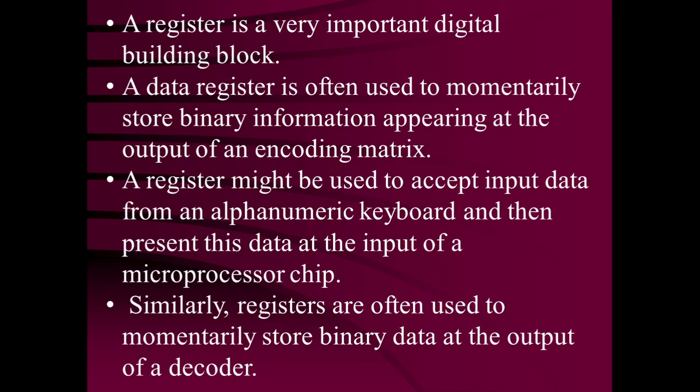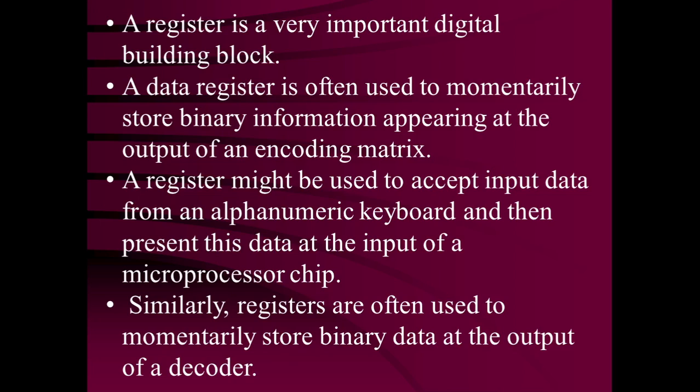Similarly, registers are often used to momentarily store the binary data at the output of a decoder. In a microprocessor chip or CPU or MPU, whatever you say in the computer, that data is going to be processed. That data will be in digital form. That means it is a string of binary numbers, 1, 0. A common man cannot understand or interpret what type of data this is.